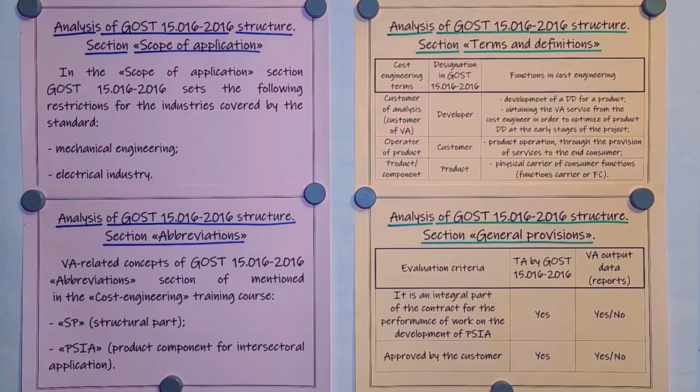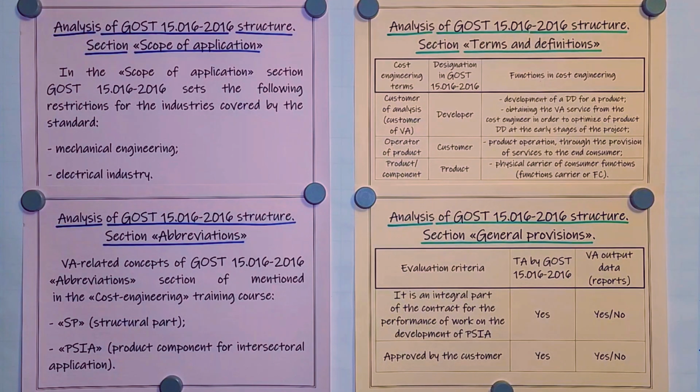Okay, about sections, terms and definitions of GOST 15016. To get acquainted with the content of GOST 15016, requirements for content and design, any of the listeners can easily perform a simple manipulation in the browser search bar.